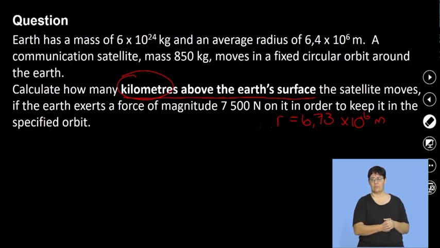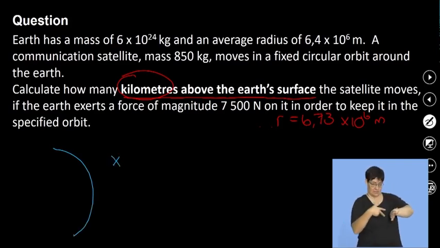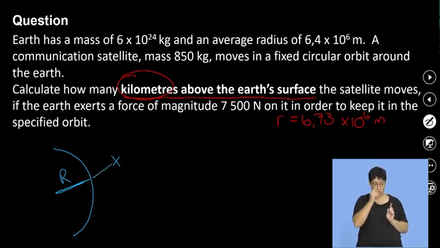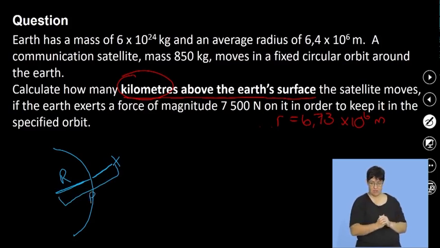Anyway, so the Earth is here, and the satellite's here. The radius of the Earth is to here. That's the radius of the Earth. They want to know what this distance is. The R that we've calculated is this entire distance, which is a little r naught.